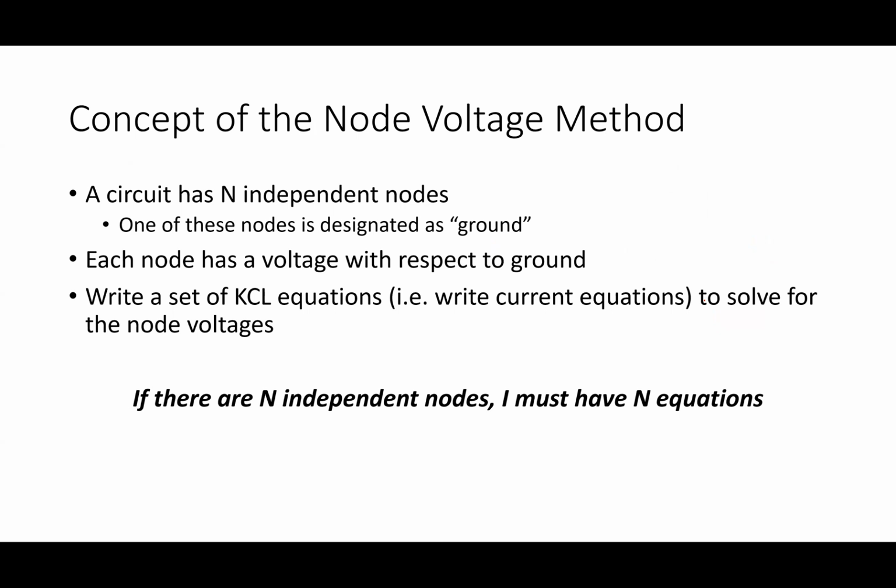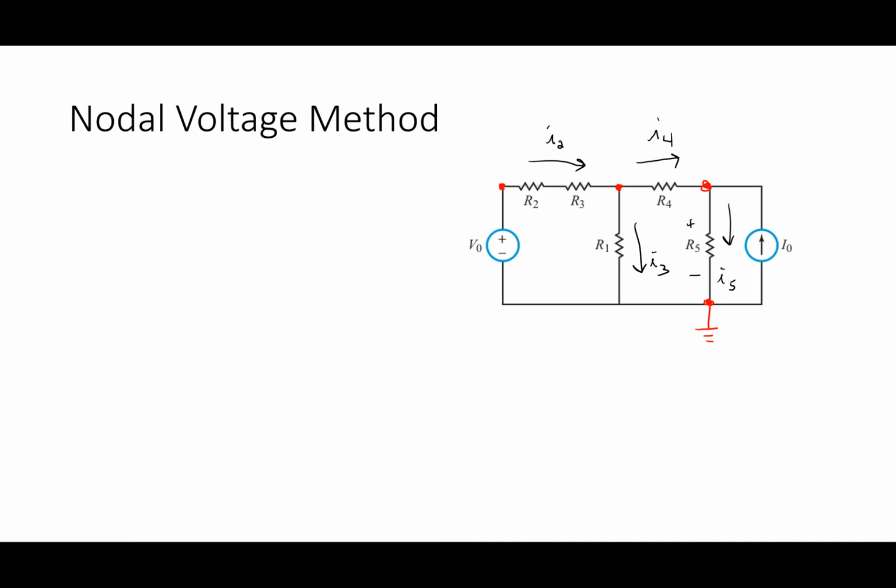What you're doing, if I have n independent nodes, I always have n equations, and there's one for each, the voltage at each node, right? Each node voltage is a voltage with respect to ground. It has absolutely nothing to do with Ohm's law. All right. In other words, in this case, I'm going to call this V1 and I'm going to call this V2.